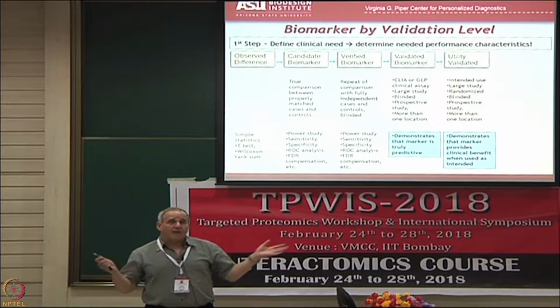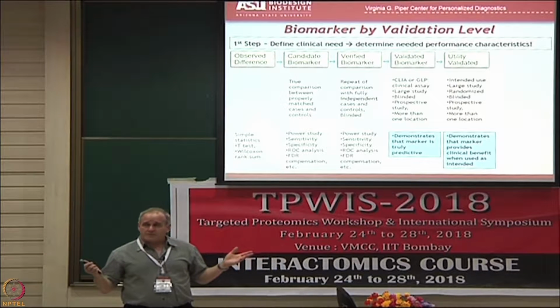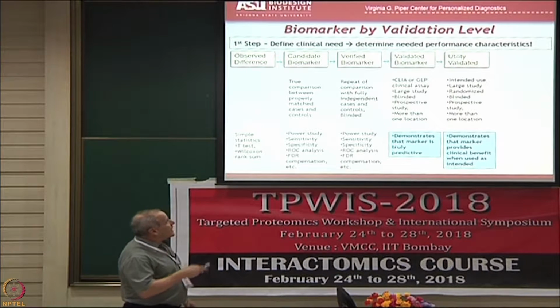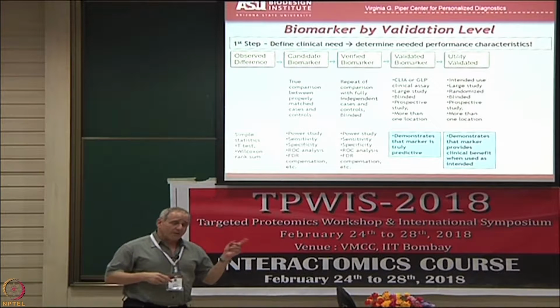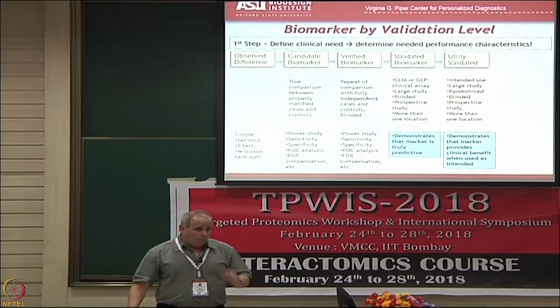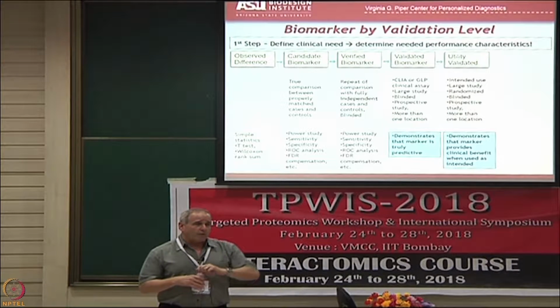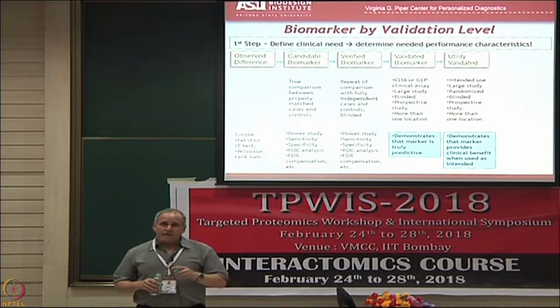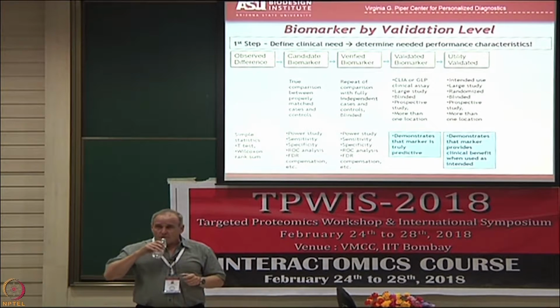Did the marker save lives? Did the marker reduce disease? And this is where a lot of markers fail. So some of you may be familiar with this marker called CA125, which is a very good marker for ovarian cancer. There is no doubt that CA125 levels correlate with ovarian cancer.